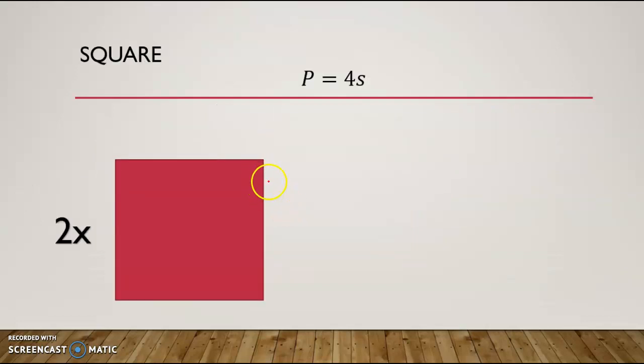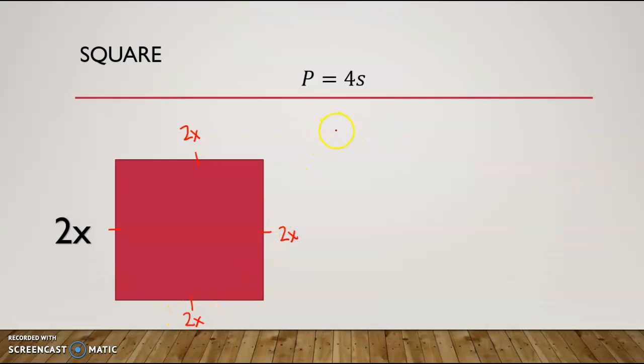So what are some things that we know about squares? We have this nice formula that we can use, 4 times the side. But if we know some things about squares, we know that squares, all the sides are equivalent. So this side and this side and this side and this side are congruent, or they're all the same. So if this is 2x, this is 2x, this is 2x, and this is 2x.